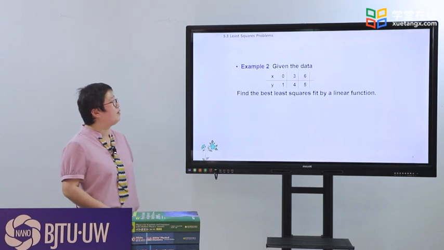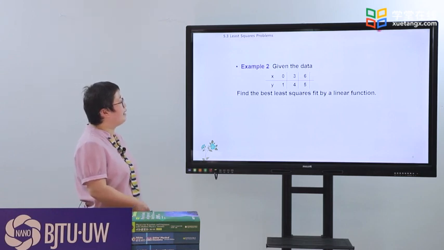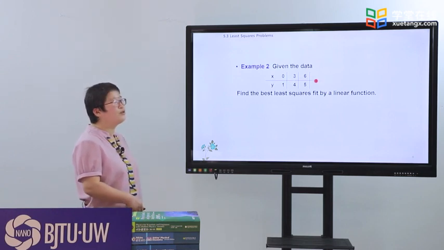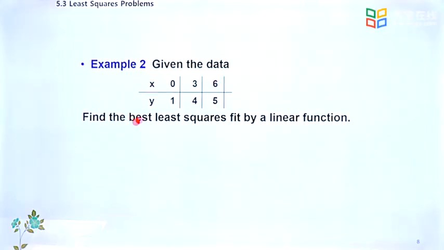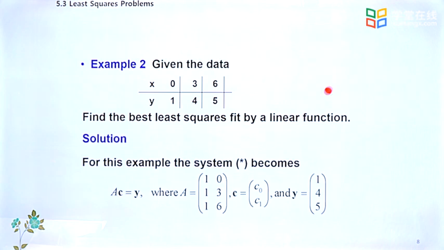Let's see this example. Given the data, x, you have 3 points, 0, 3, 6. And y values corresponding to the x values, you have 1, 4, 5. We are asked to find the best least squares fit by a linear function. We try to solve AC equals y, where A, the first column, entries are all 1, 1, 1.